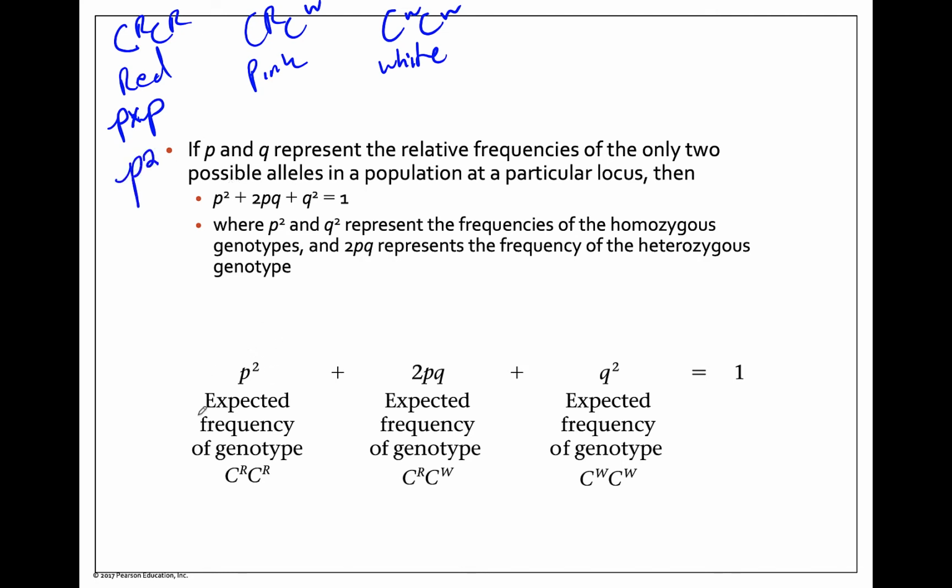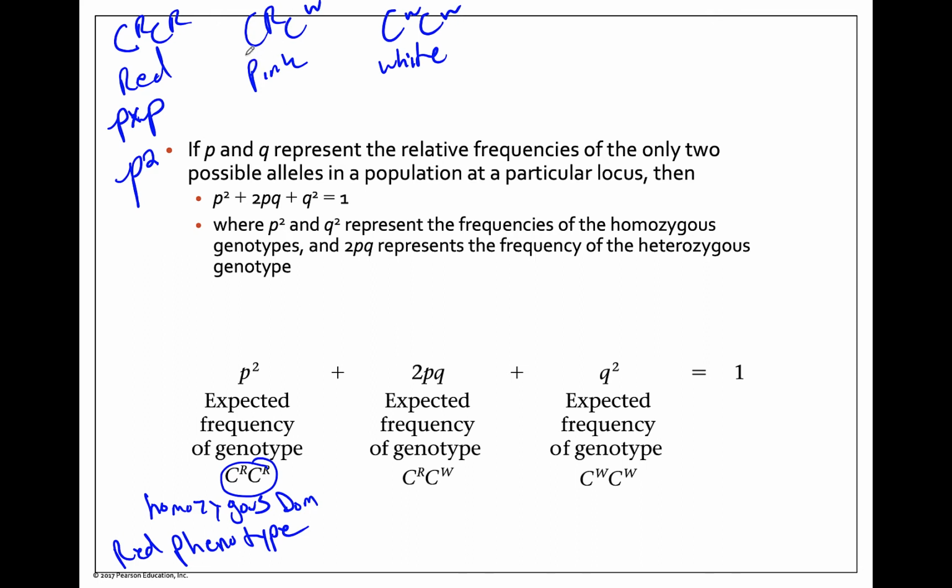So P squared is the frequency of this genotype. Or we can say this is the frequency of the homozygous dominant phenotype, right? Homozygous dominant. In this case, this is a red phenotype.